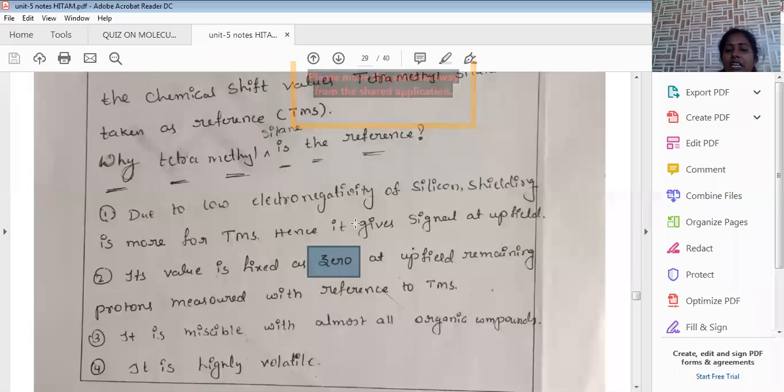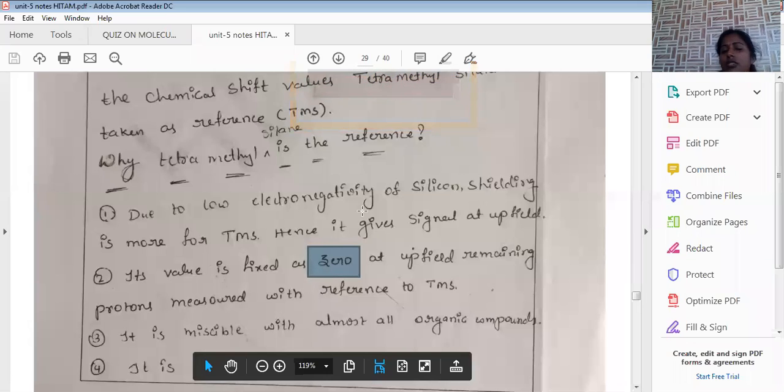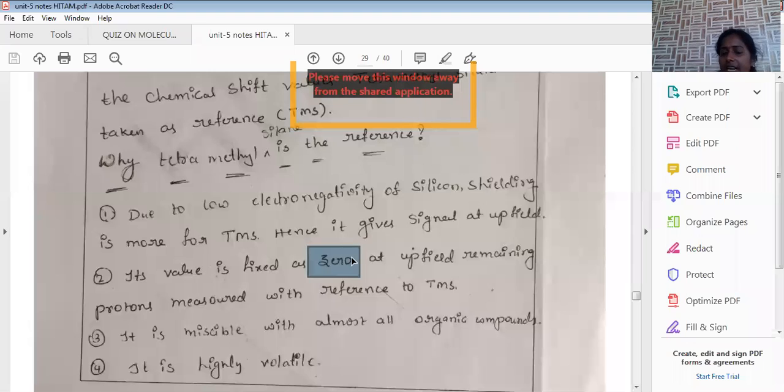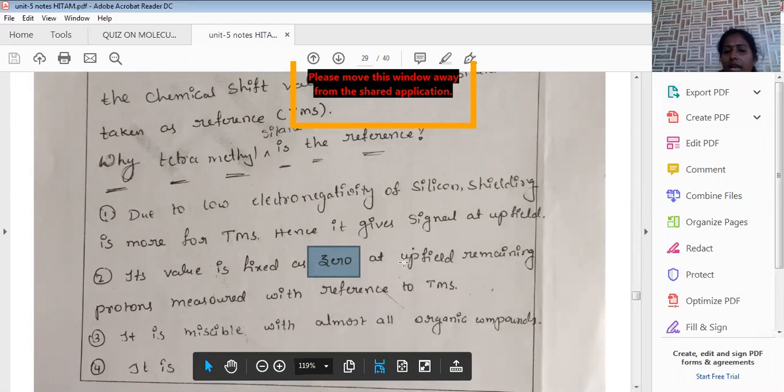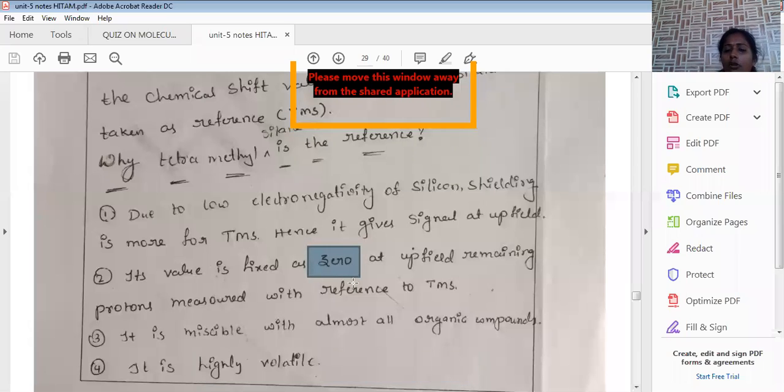This tetramethylsilane has four methyl groups. All four methyl groups are exactly equivalent. Silicon is the central atom. One methyl, second methyl, third methyl, fourth methyl group will be there in the tetrahedral structure. All methyl groups are exactly equivalent. That's why it will give only one signal.